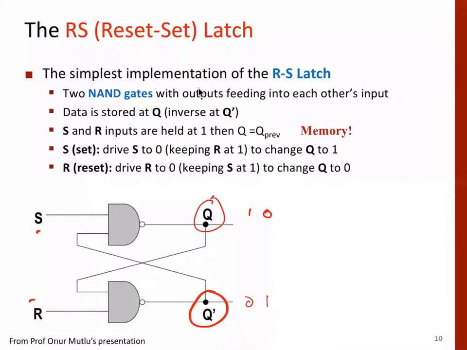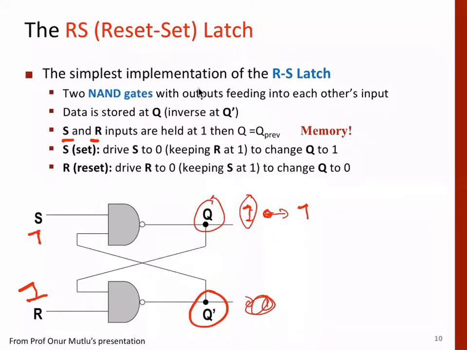For example, let's assume that Q contains, say, logic 1, or Q gives output as 1. Then if we keep S and R at 1, the next value of Q will be the same as Q. So if Q is 1, the output will be 1.